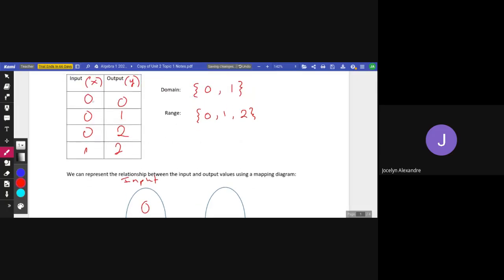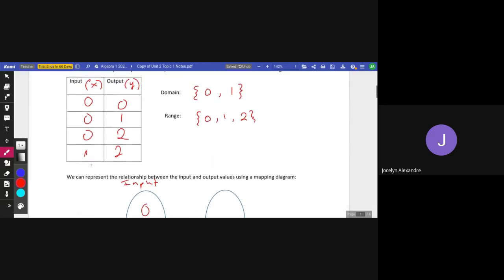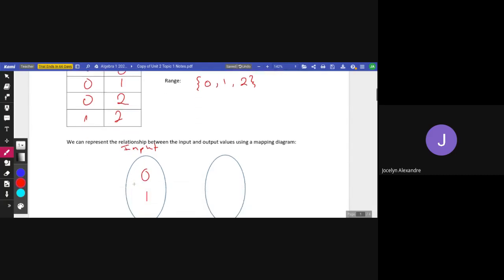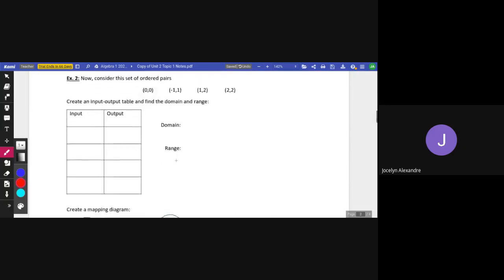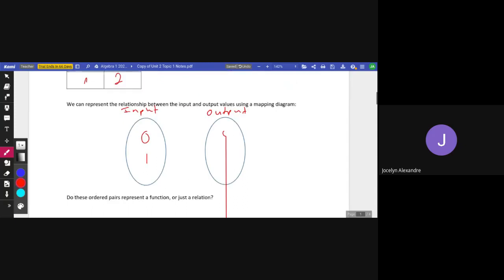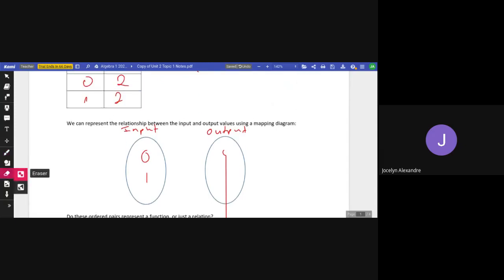Again, we don't need to list all of the zeros. Output goes here, so this is our range. For my output, we have 0, 1, and 2.